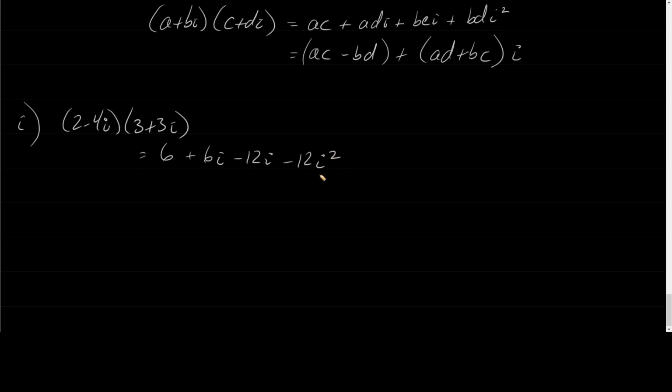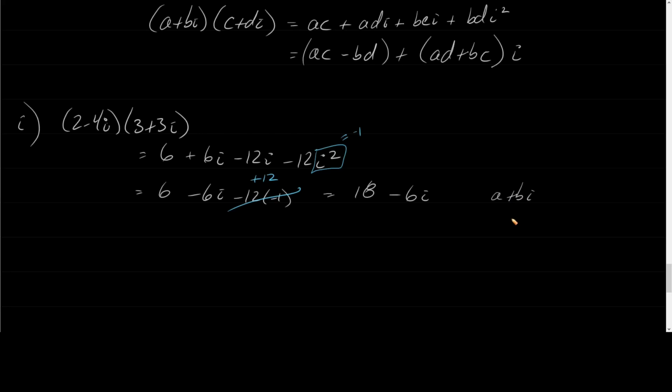And then we know that i squared is just negative 1. So 6i minus 12i is clearly just negative 6i. But over here, we have negative 12 times negative 1, which combined is a positive 12. So we have 6 plus 12, which is 18, and then we have 18 minus 6i. And again, notice it's in the form of a plus bi.